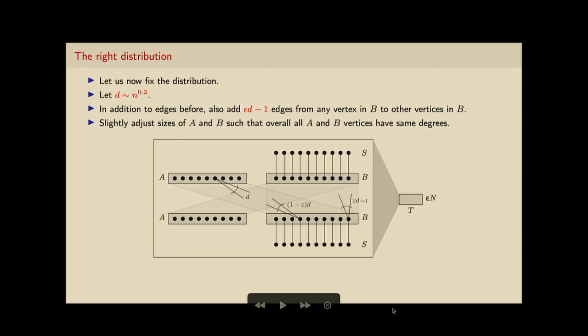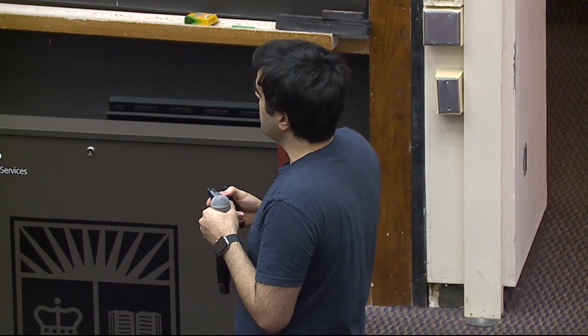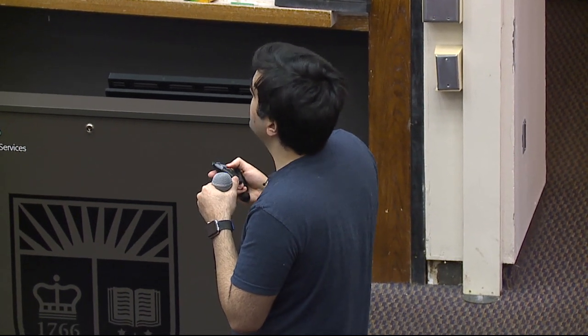5 minutes. OK, good. So I can actually give a rough overview of the analysis as well, arguing why this d cannot be larger than n to the 0.2, at least for our proof. So the idea behind the analysis is as follows.